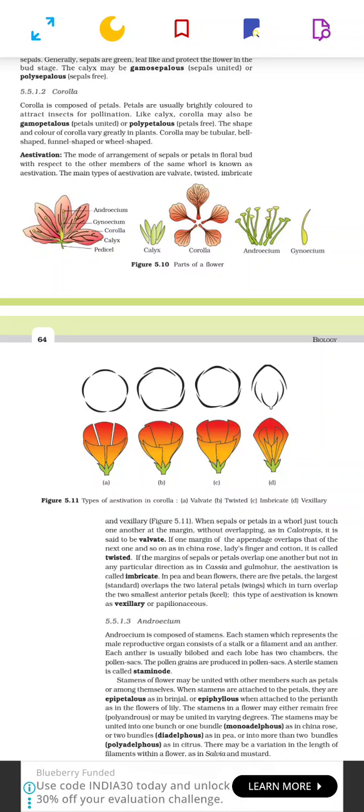This type of aestivation is called vexillary or papilionaceous aestivation, which can be seen in the Leguminosae or Fabaceae family, as shown in figure D, where one large petal is called the standard, the 2 lateral appendages are called the wings, and the last two lower appendages are called the keel or carina, which can be fused together.